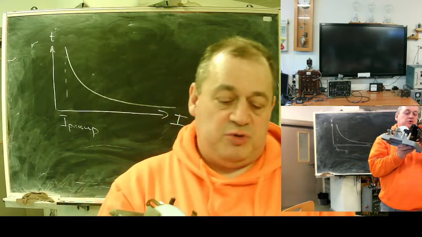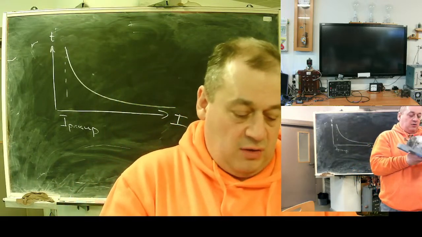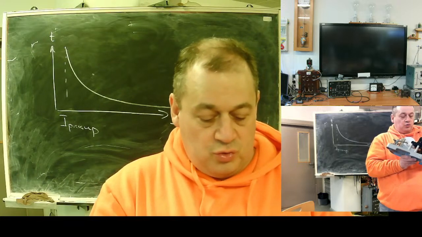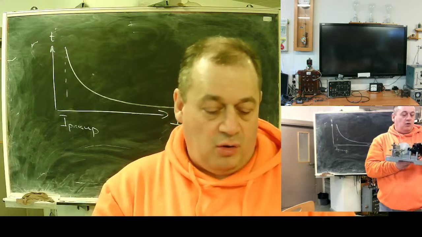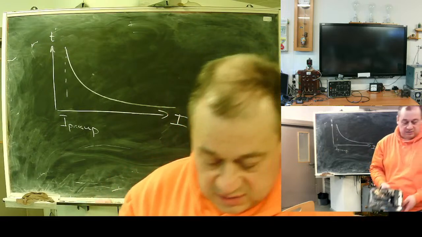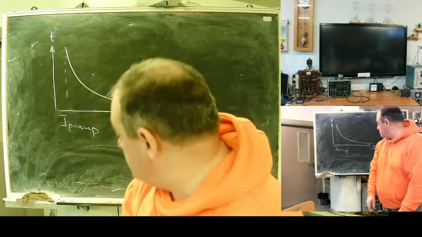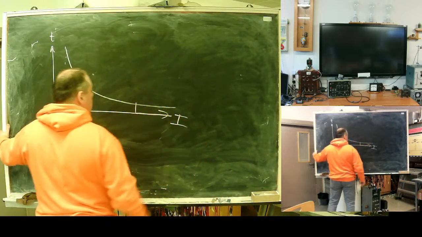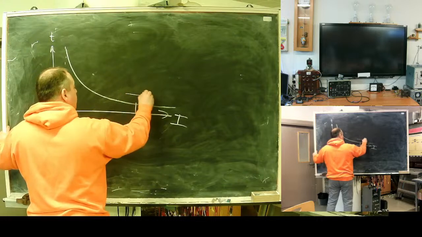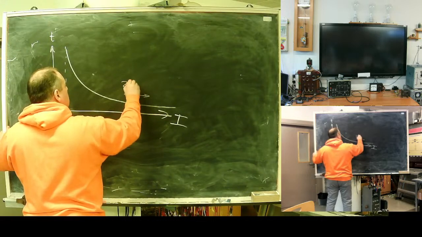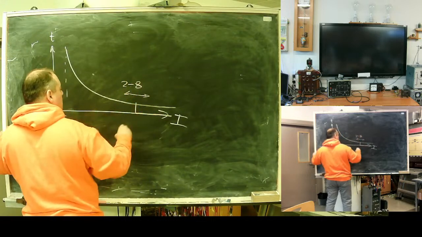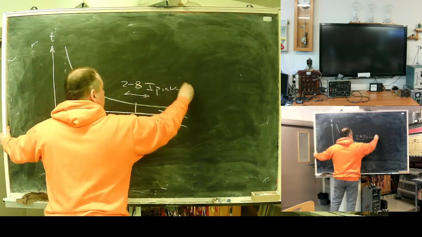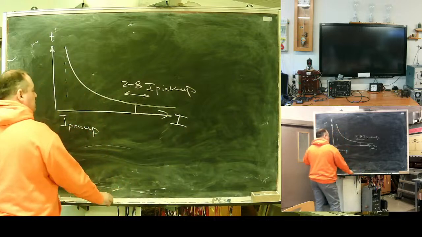The instant current can be chosen, here is the scale, from 2 to 8 of pickup current. At this moment, it goes instantly. This point can be chosen 2 to 8 of the startup current.